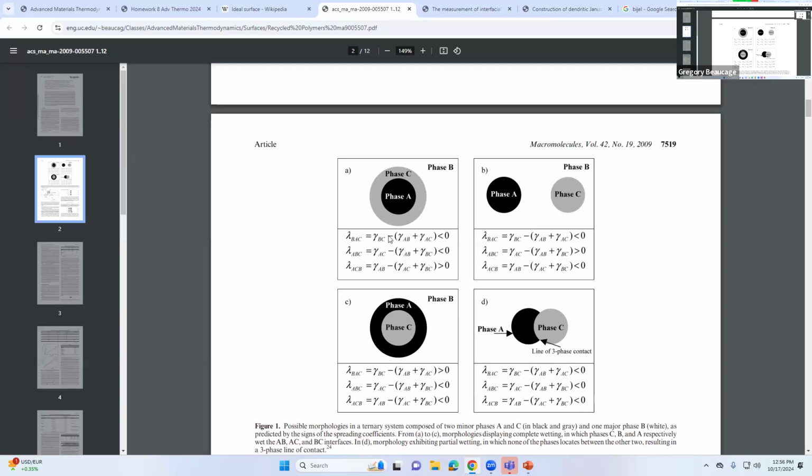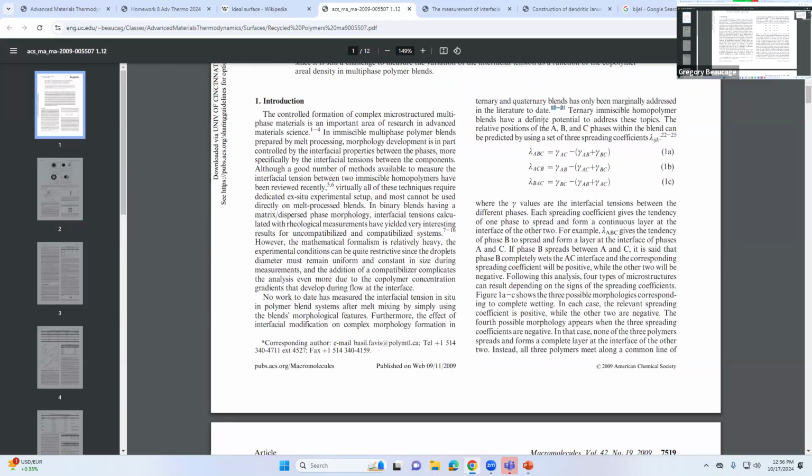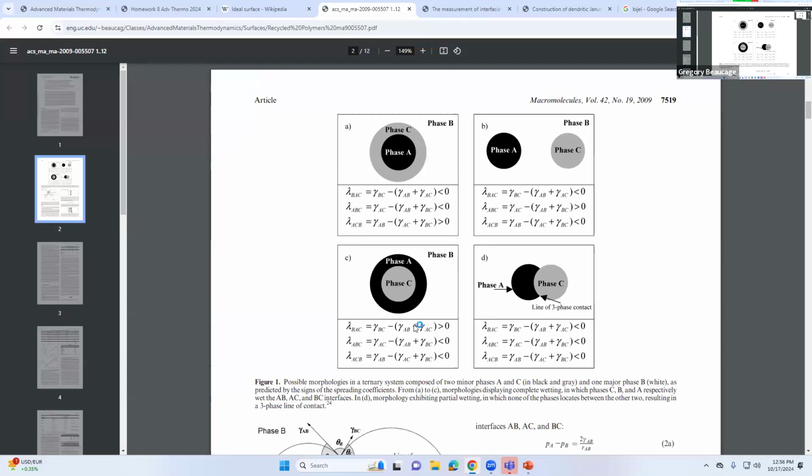And then because it's ternary, it's not just these binary surface tensions, you have to calculate these other numbers, which are called spreading coefficients. And they're calculated from the binary coefficients. And then once you have the spreading coefficients, there's four options where you have spherical domains. So one of them can be negative.